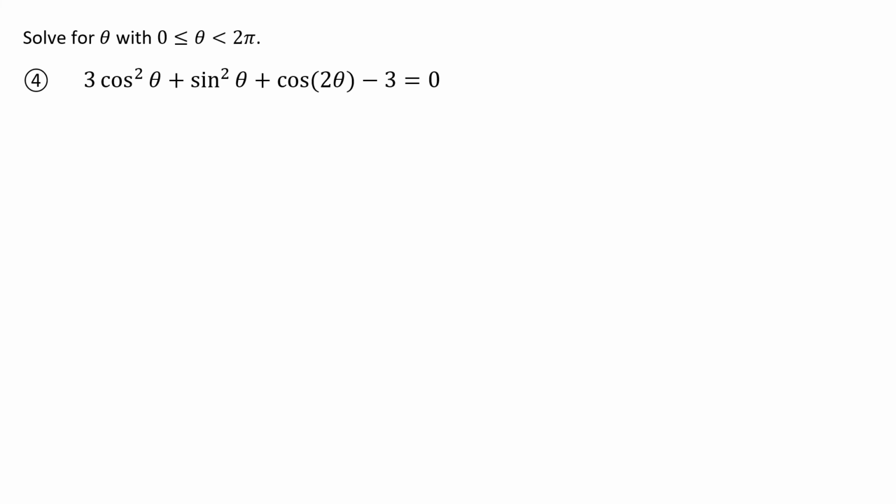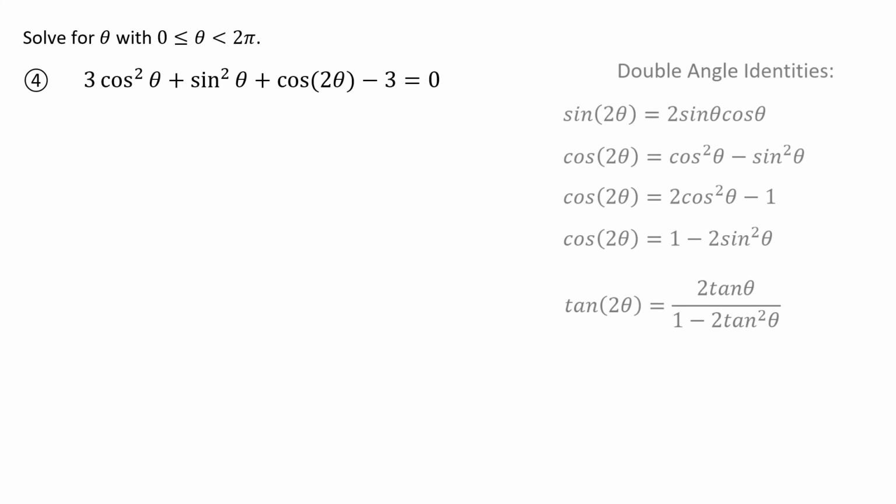4 terms, so I'm kind of thinking factor by grouping, but that 2 theta is really throwing a wrench into things, right? That 2 theta doesn't match theta. And so I'm thinking, well, I've got to make a trade, and which trade do I want to go to? That sine squared of theta kind of sticks out like I don't belong.